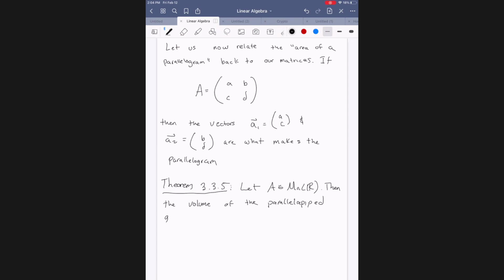Generated by the columns of A is the absolute value of the determinant of A. Remember, it can have a minus sign, but that just means it has an orientation.